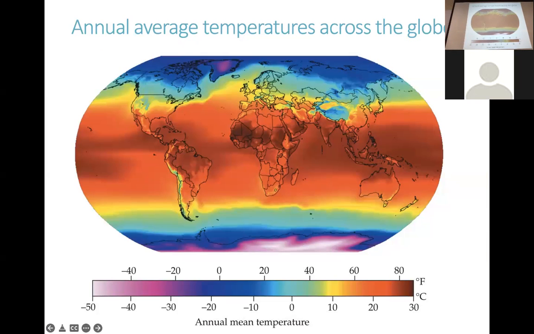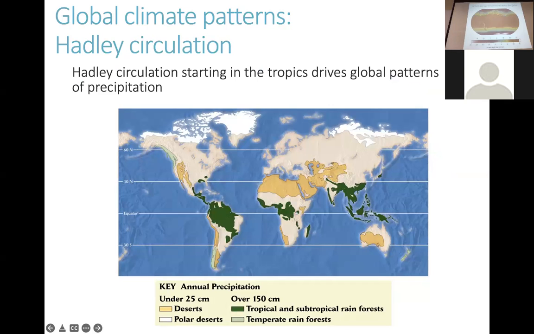This is the average annual temperature across the globe. Obviously in the middle, it's hot. As you get away from the equator, it gets cooler, right? That is probably not news to anybody. And that brings us into how this affects general climate patterns as we move across these sort of large scale latitudes.